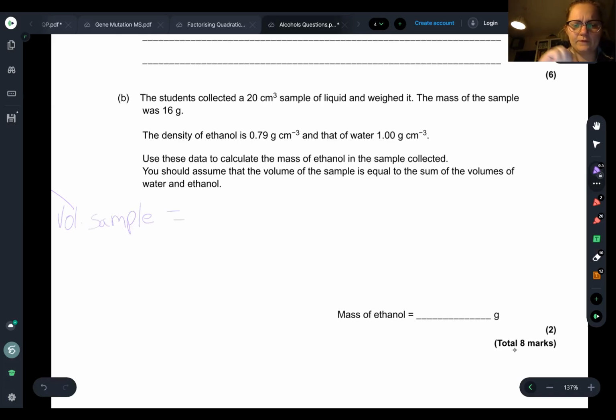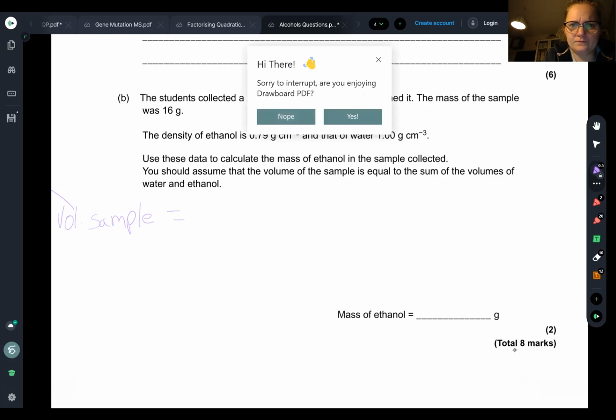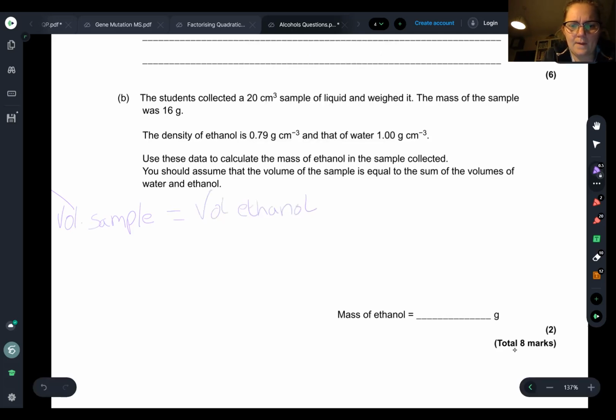So from that information, we can say our volume of our sample equals our volume of ethanol plus our volume of water. The students collected a 20 cubic centimeter sample of liquid and weighed it. So that's obviously going to be our ethanol and our water.